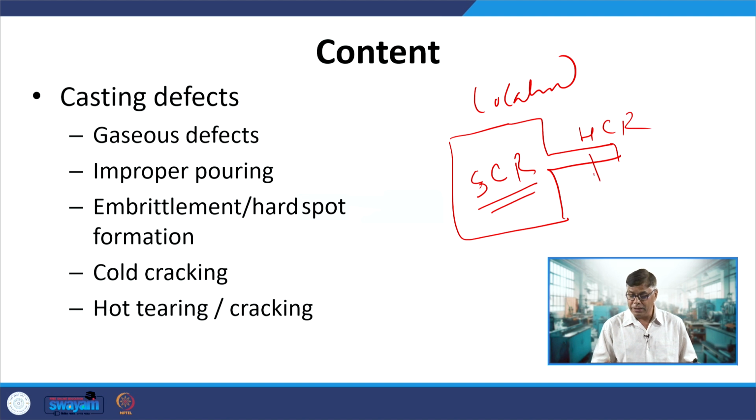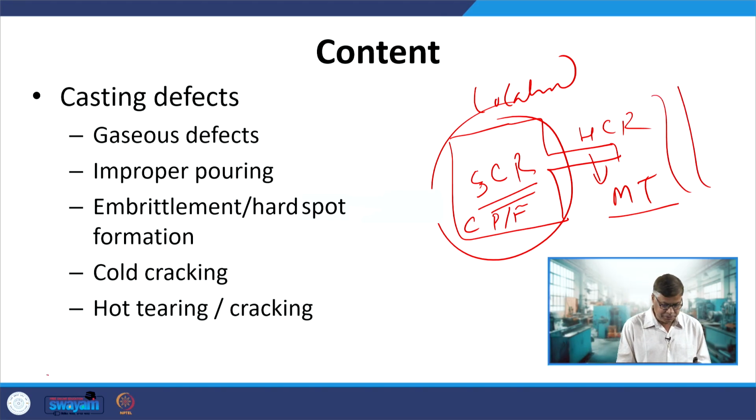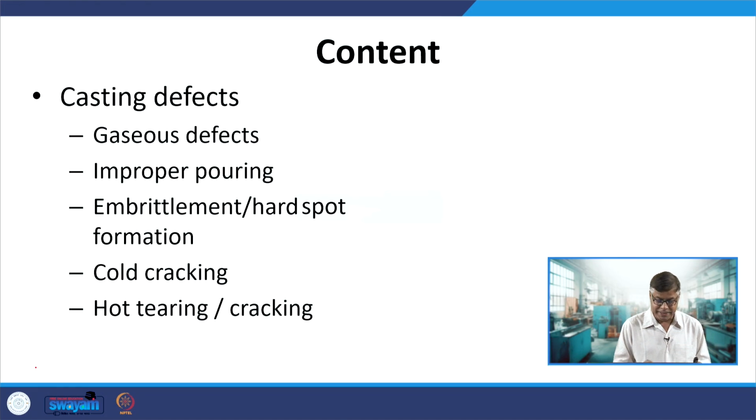This high cooling rate will bring about martensitic transformation. But in the thick section, due to the slow cooling, we may get coarse pearlite or ferrite. So, this heavier section may not experience any embrittlement, but the thinner sections may experience embrittlement or hard spot formation due to rapid cooling in a localized manner.